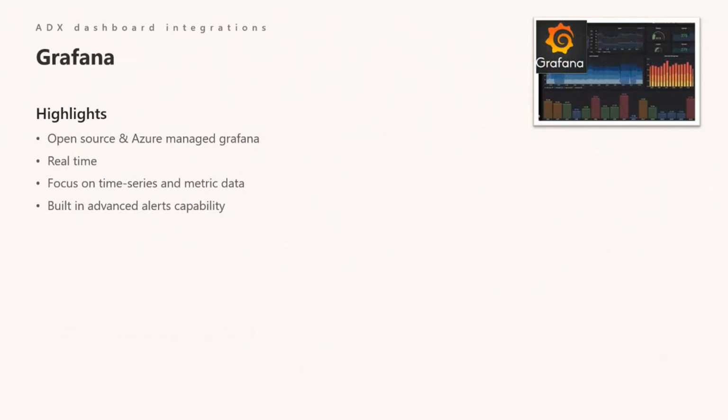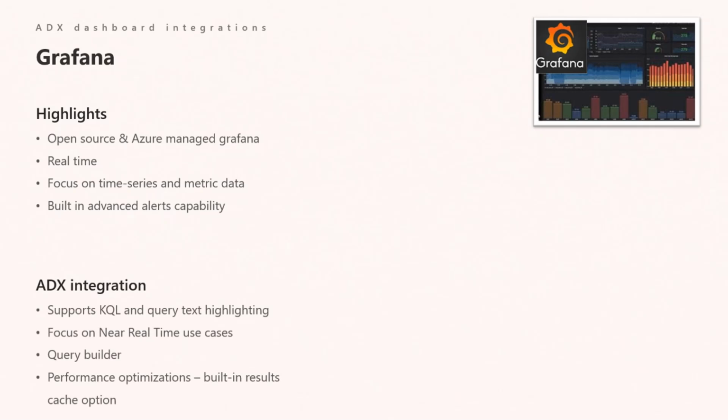Next one is Grafana. If you're not familiar with it, it's an open source solution. You can either build it yourself or use the hosted Grafana. Today, there is also an offering in Azure, which is called Azure Managed Grafana. It's usually used for time series use cases, for real-time and operational scenarios.